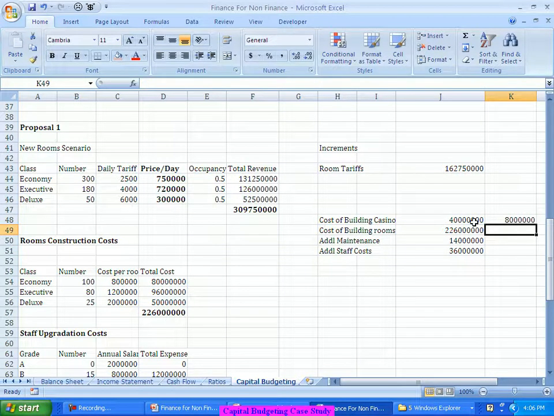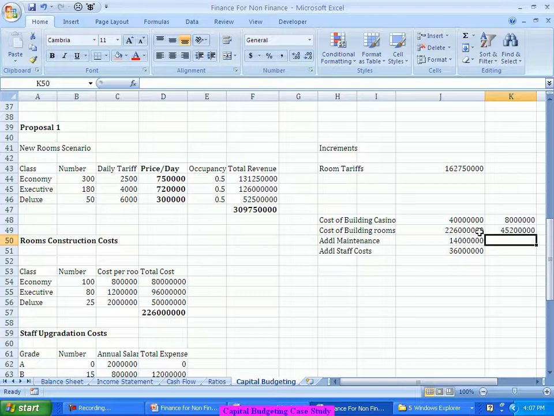So we are saying 80 lakhs will be the depreciation for the casino, and probably 4.5 crores is the depreciation for rooms. I'm just assuming 5 years is the period.